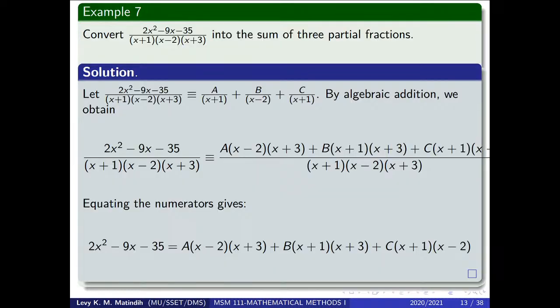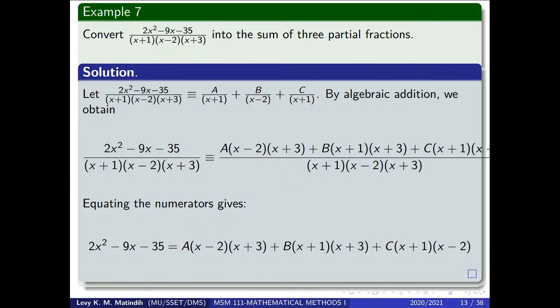If you look at the expression on page 13 in the example, the last one, from which we equated the numerators together, for me to get rid of A, I can substitute x equal to 2.